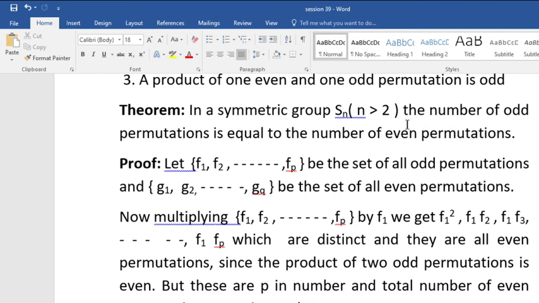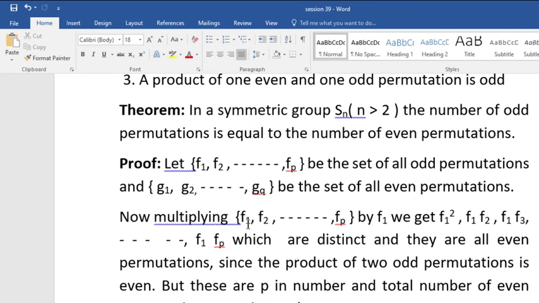So we have to prove that the number of odd and even permutations are equal. Let F1, F2, up to Fp be the set of all odd permutations, and let G1, G2, up to Gq be the set of all even permutations.